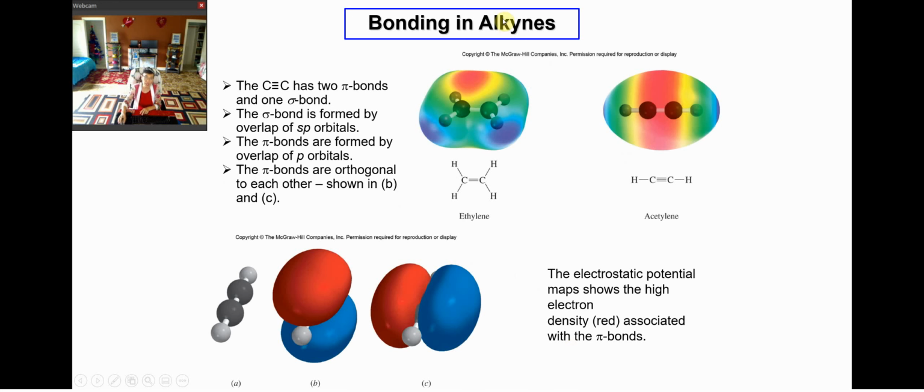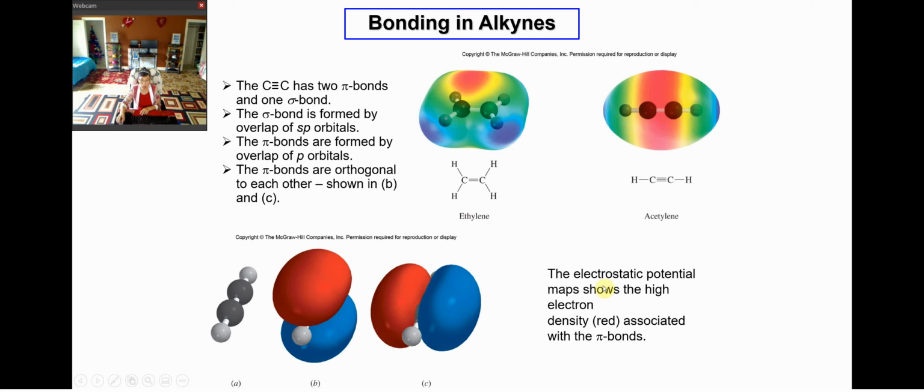In terms of alkyne bonding, you need to know these carbons take sp hybridization. So you form 2 pi bonds and 1 sigma bond. The pi bonds are formed due to the overlap of your py and pz orbitals, and your sigma bond is formed by an sp hybrid orbital overlapping with another sp hybrid orbital.